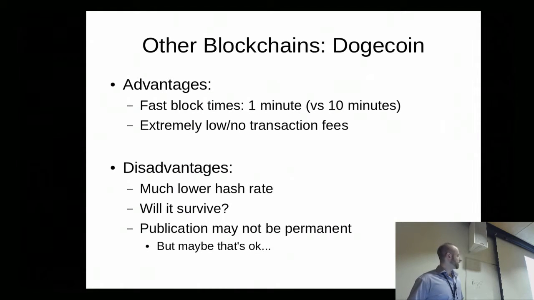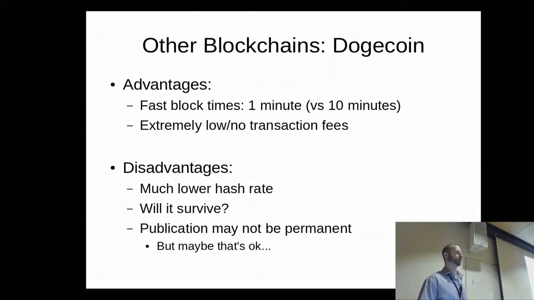So here's a little bit of analysis of that. In Dogecoin, the block time is 1 minute versus 10 minutes for Bitcoin. Another major advantage is there are extremely low, or even a lot of times no, transaction fees at all. The disadvantage, though, is the network has a much lower hash rate than Bitcoin.